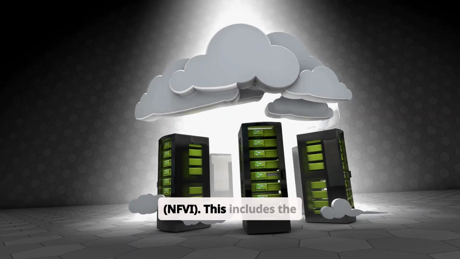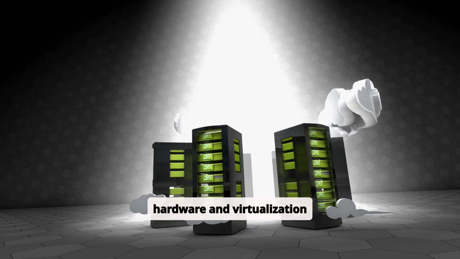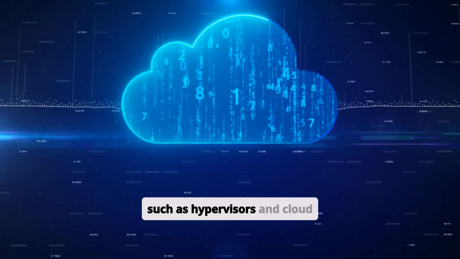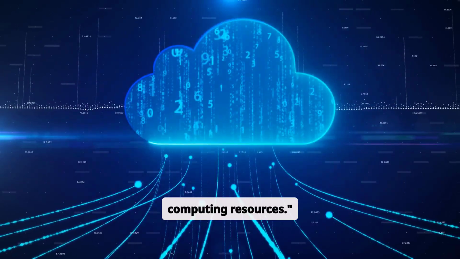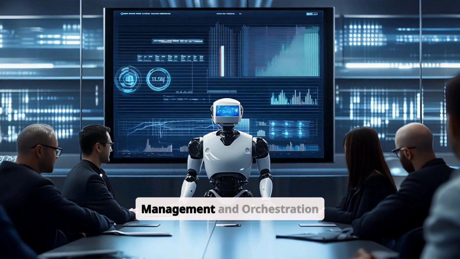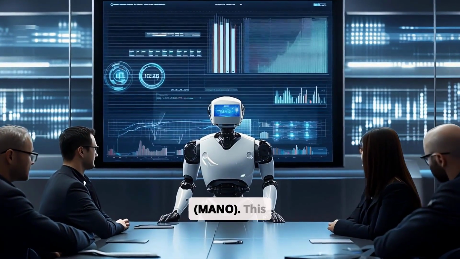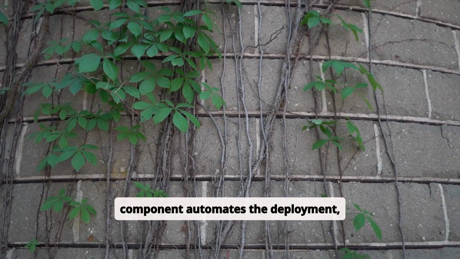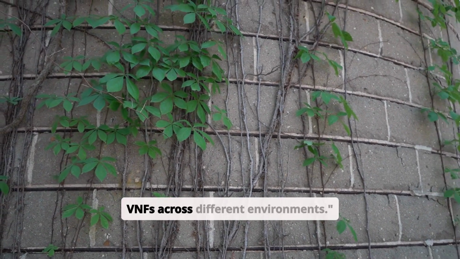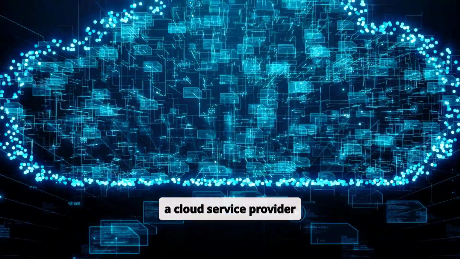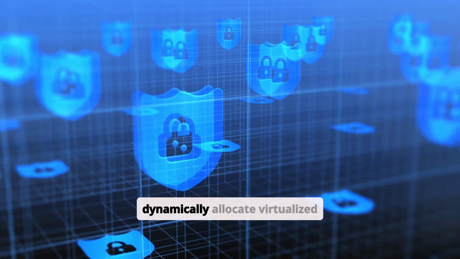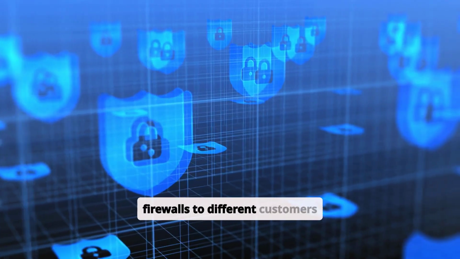This includes the hardware and virtualization layer that supports VNFs, such as hypervisors and cloud computing resources. Third, NFV management and orchestration. This component automates the deployment, scaling, and monitoring of VNFs across different environments. For example, a cloud service provider using NFV can dynamically allocate virtualized firewalls to different customers based on their security needs.